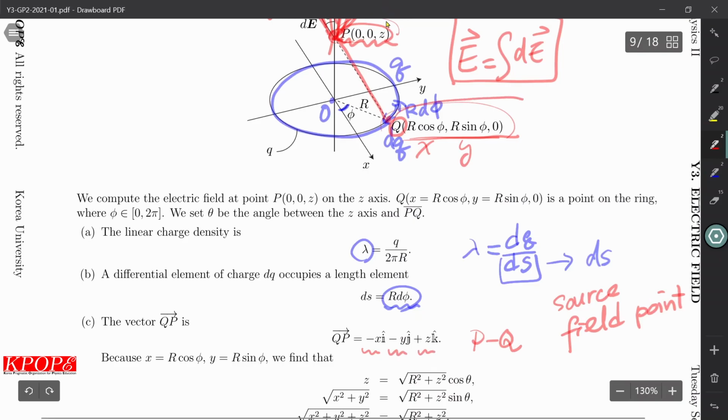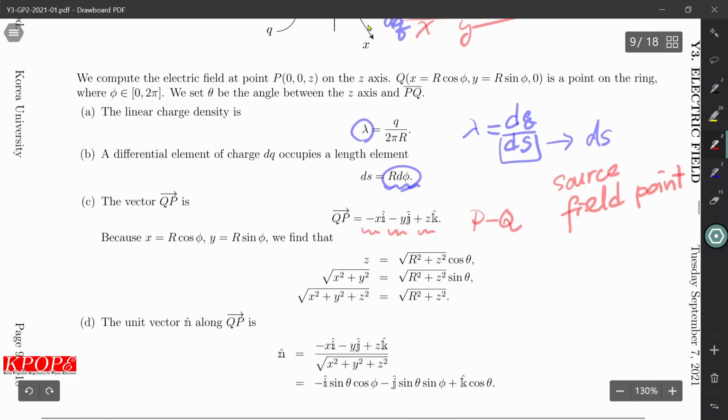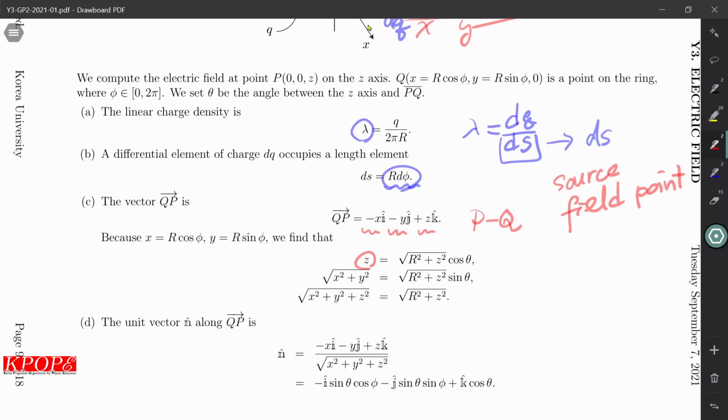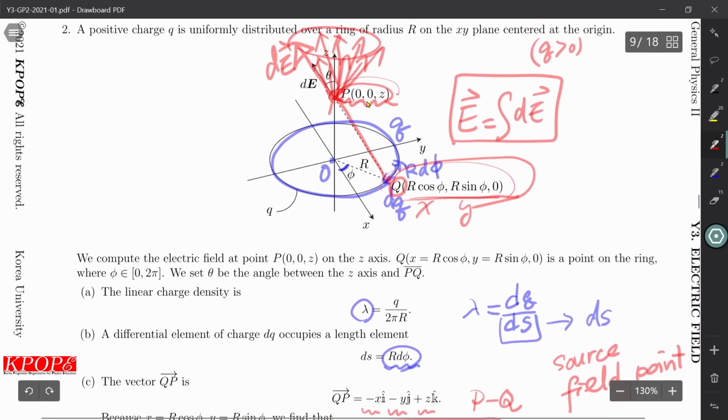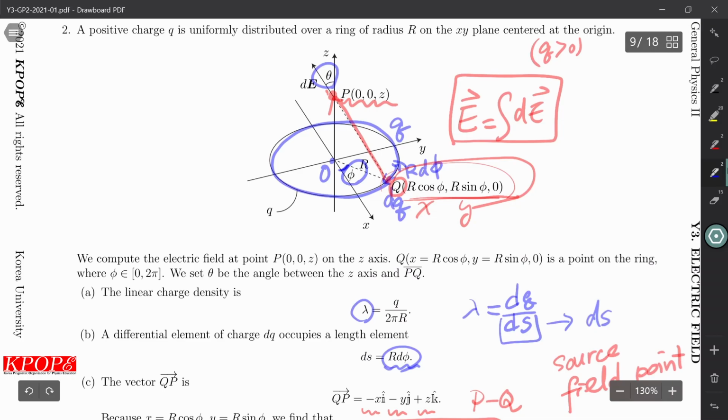Because of this parameterization, the square root of x squared plus y squared, and the square root of x squared plus y squared plus z squared, are all expressed in terms of this. There is an angle theta that is distinguished from the angle phi.